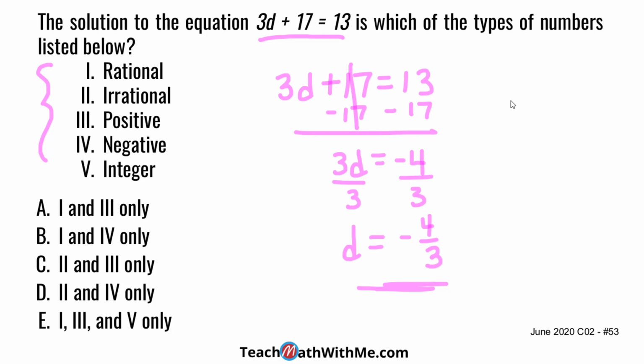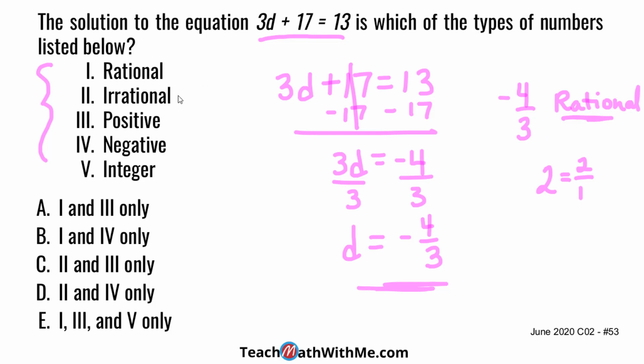Negative 4/3 is a fraction, so it's going to be a rational number. And just as a reminder, 2 is also a rational number because it can be expressed as 2/1, a fraction. That's the way I think about it: if it can be expressed as a fraction, it's rational.